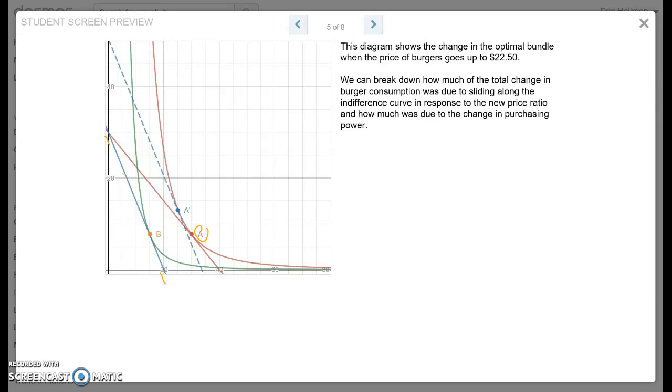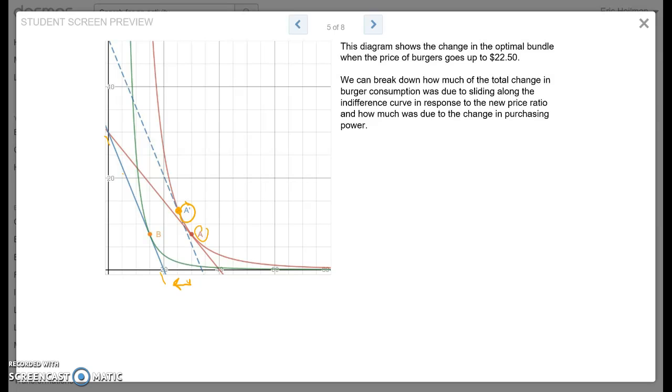So this is like doing the experiment of, we're going to change the price, but we want to keep you equally happy as you were before prices changed. So we're going to keep you on the same indifference curve, but we're going to move you to a new point of tangency where the slope of the indifference curve is equal to the new ratio of prices. So as you can see, we end up moving to the left from point A to point A prime.